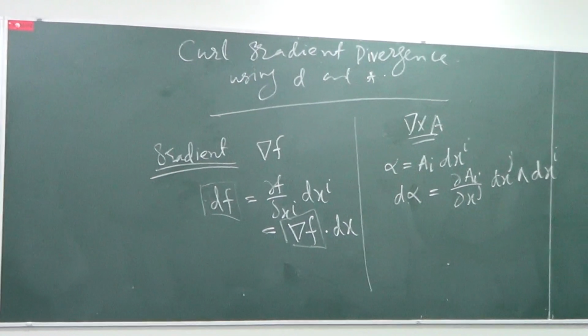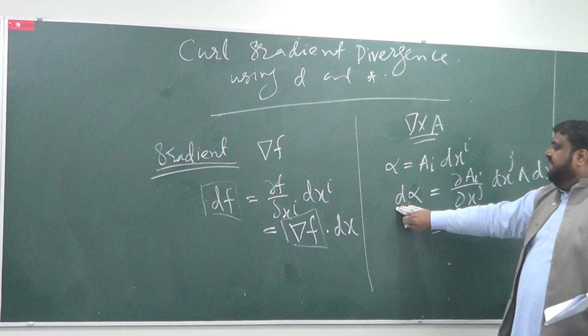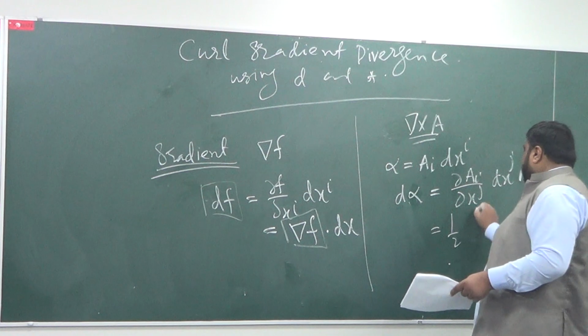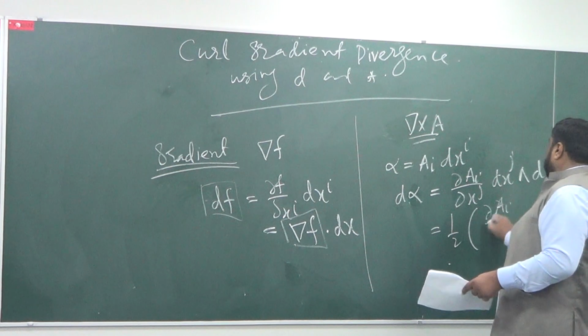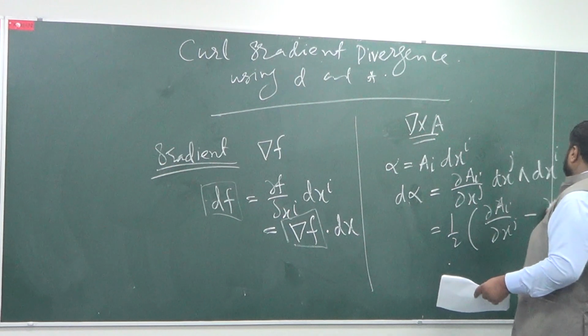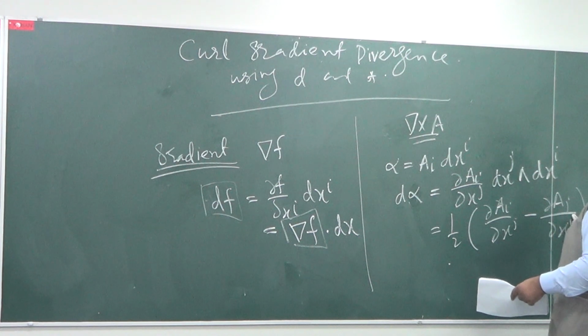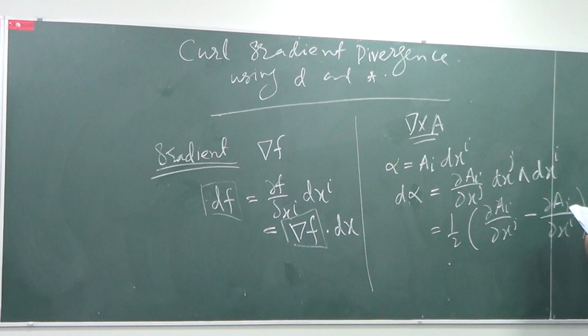And we discussed yesterday that if I am computing the exterior derivative of a one form, I can rewrite this expression as 1/2 times partial Ai by partial xj minus partial Aj by partial xi, times dxi wedge dxj. I can put it in this manner.